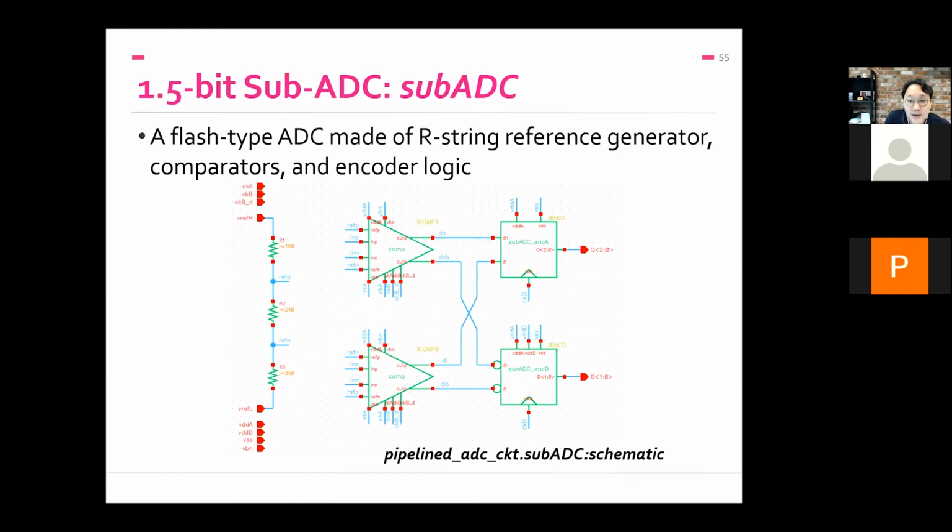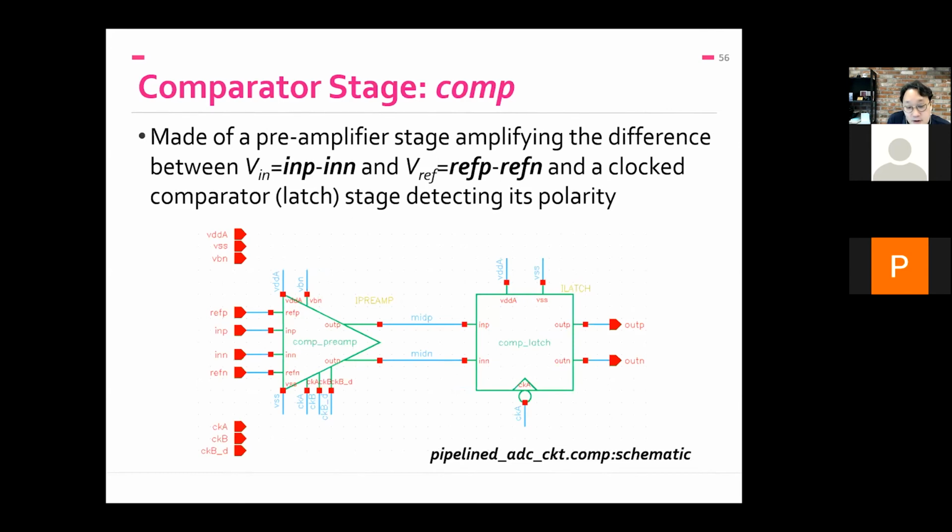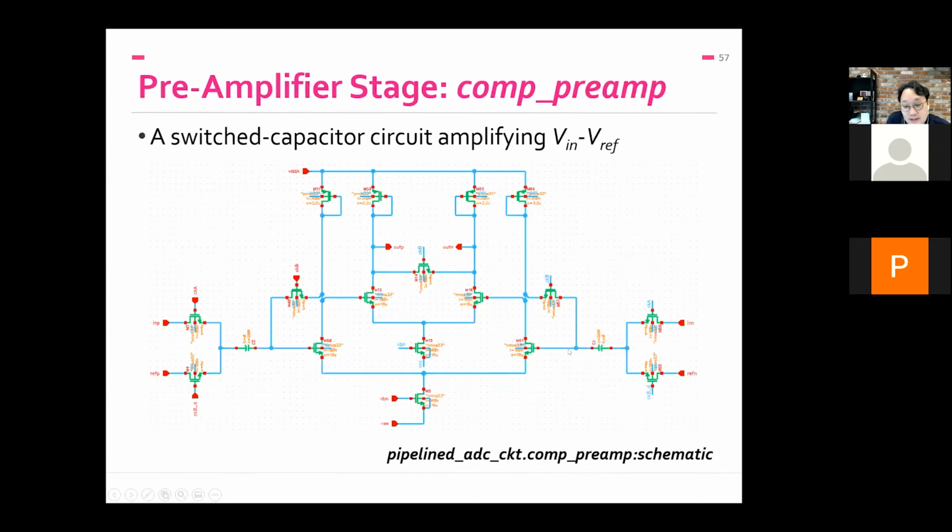Okay, so back to the SubADC. It's made of a resistor ladder followed by comparators. And a comparator is made of a preamp stage and a latch. In the preamp stage, I got lazy, and it felt tricky to apply UDM because it's not a pure amplifier, but also contains a set of switches for offset cancellation and so on.